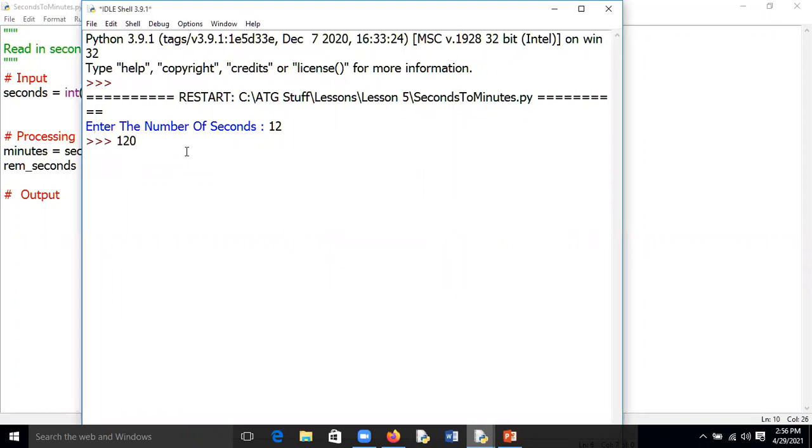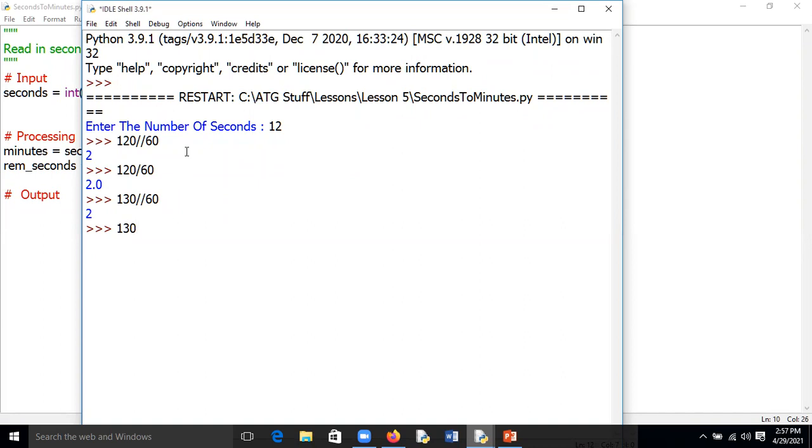Like I told you, 120 divided by 60, that's integer, it's going to give me 2. That's integer division. If I said 120 / 60, it's going to give me 2.0, which I don't want. I want the 2. So I have to use integer division. Now, if I told you 130 seconds divided by 60, that's still going to give me 2, but I want the remainder. Now 60 times 2 is 120, so there's a 10 seconds remainder, yes or no?